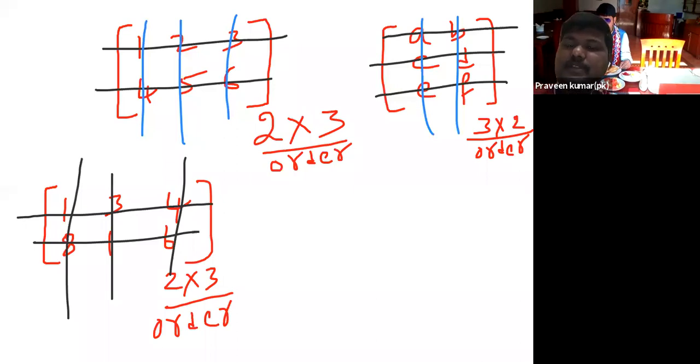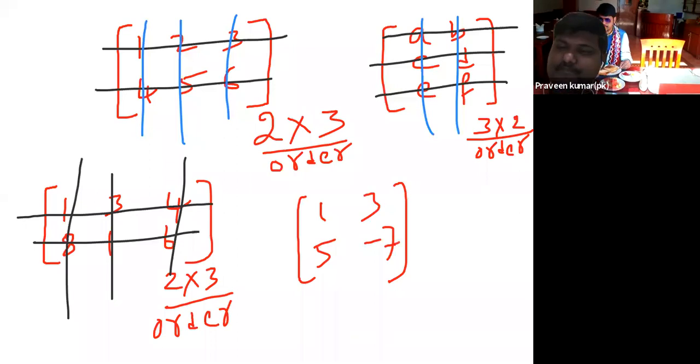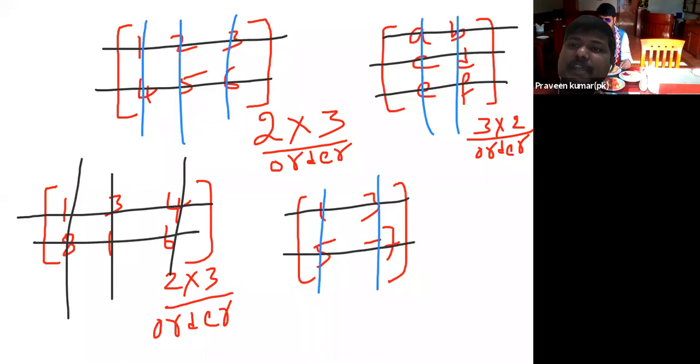One more example. How many rows are there? How many columns are there? What is the order? Everyone needs to respond. It's a basic concept. 2 rows. How many columns? 2 columns. So what is the order of the matrix? 2 cross 2.